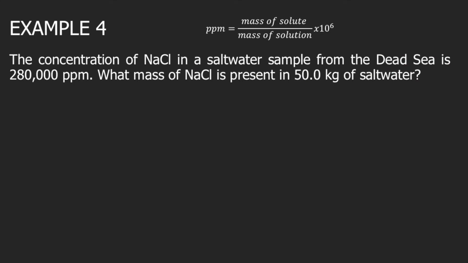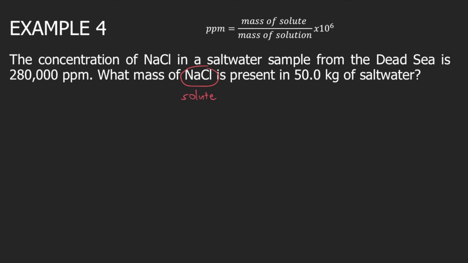Example 4. The concentration of NaCl in a saltwater sample from the Dead Sea is 280,000 ppm. What mass of NaCl is present in 50 kilograms of salt water? So it's obvious that NaCl is our solute.